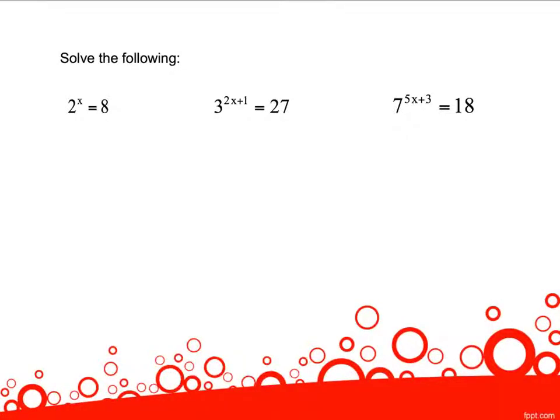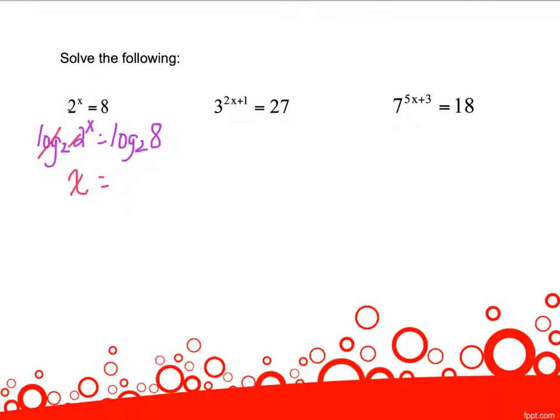So let's say we have 2 to the x equals 8. Well, first thing I could do to get rid of the 2 to the, the opposite or the inverse of an exponential, is a logarithm. So I'm going to take log base 2 on both sides. Now, when I do that, log base 2 of 2 to the x, those are going to cancel and give me just x.